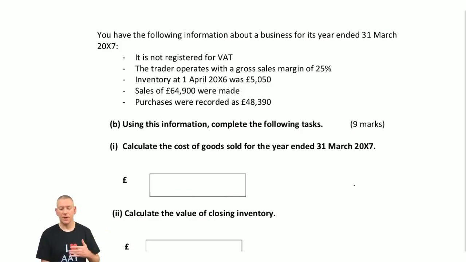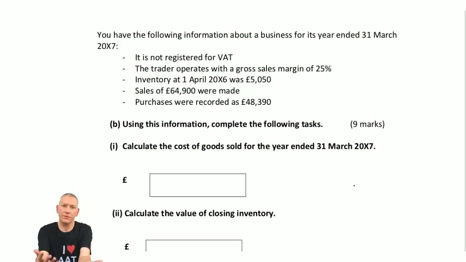The trader operates with a gross sales margin of 25%, which means that of its sales, 25% is profit. So there's a couple of different ways of saying this, but the easiest way of saying it is, say I sell to you at £1, then of that £1, 25 pence is profit to me.